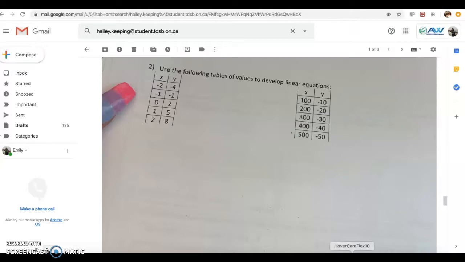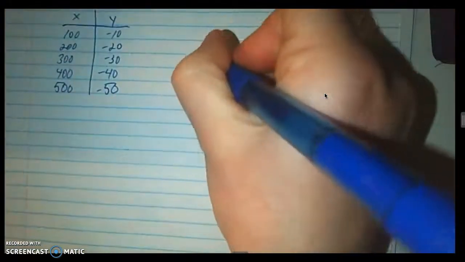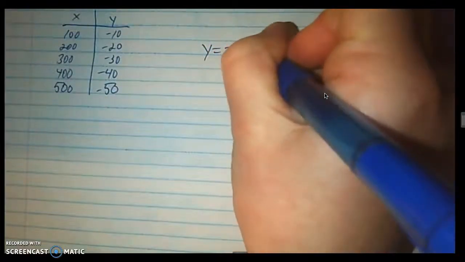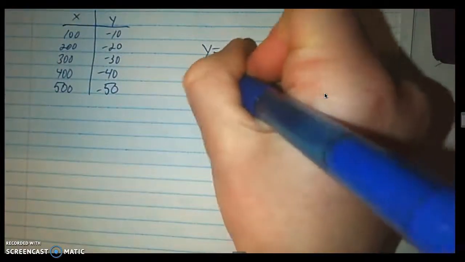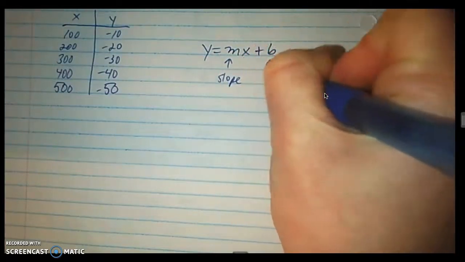Okay. So, two things I want to figure out here. I want to write an equation for my line in the form y equals mx plus b, where m is the slope and b is the y-intercept.